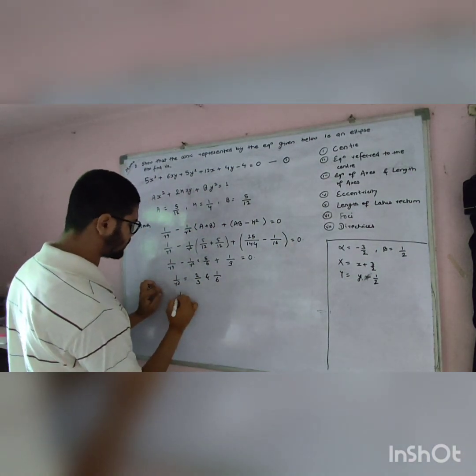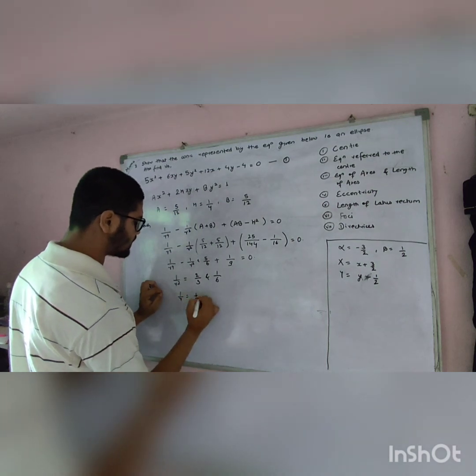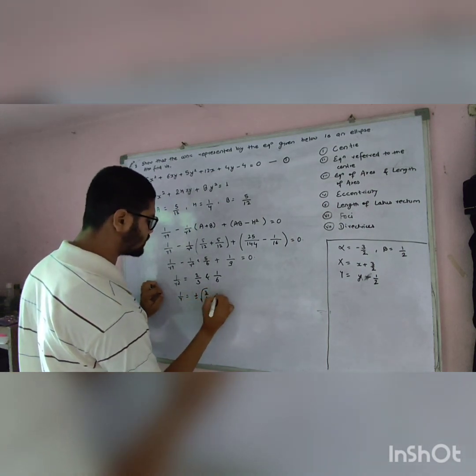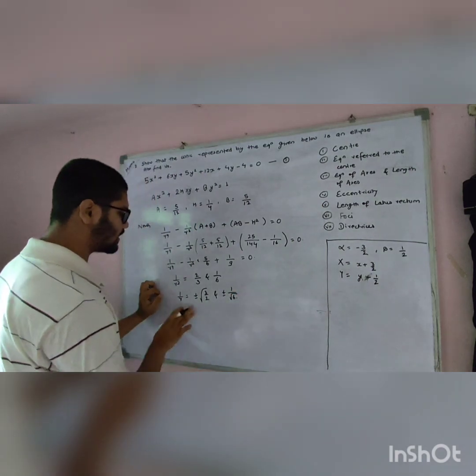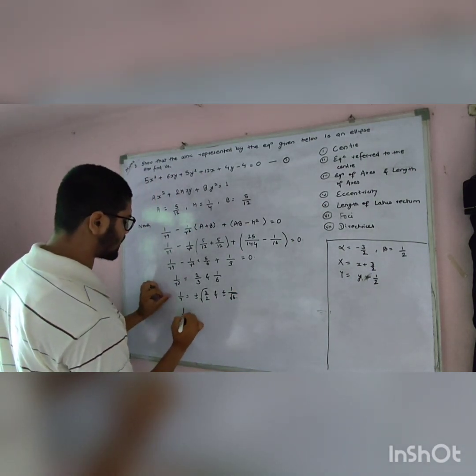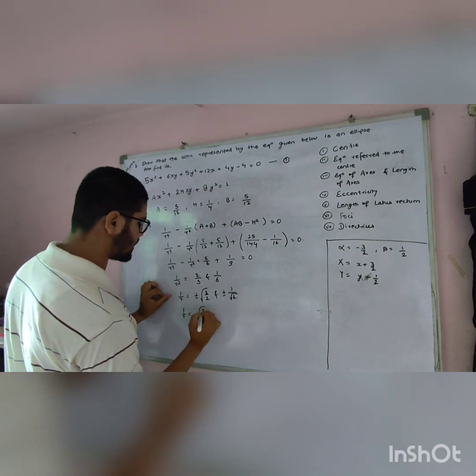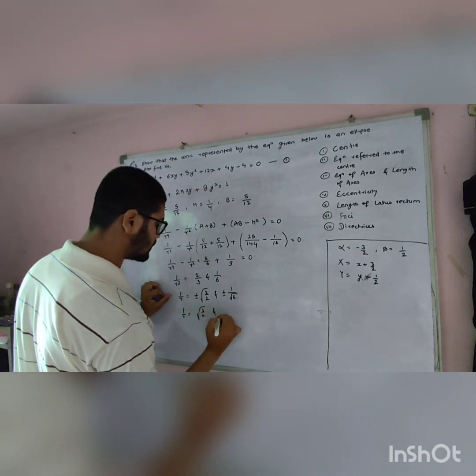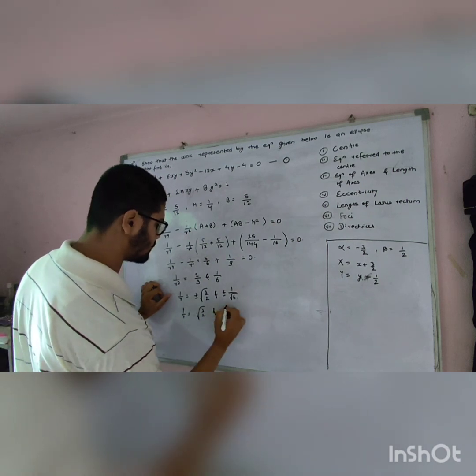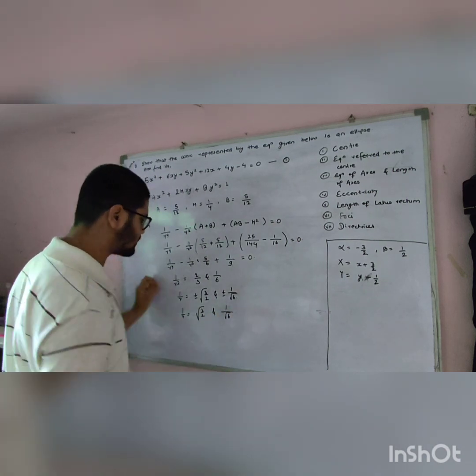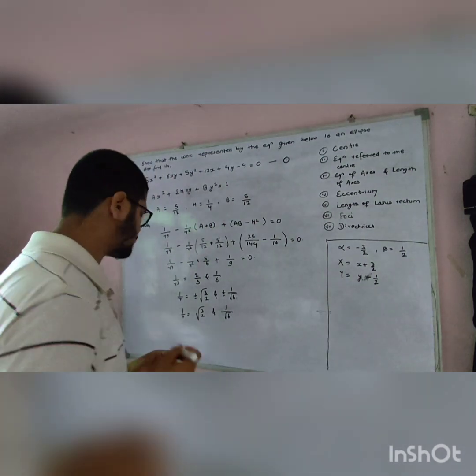Now the value of 1 by r will be plus minus root 3 by 2 and plus minus 1 by root 6. But ignoring the negative values, we'll get the value of 1 by r as root 3 by 2 and 1 by root 6. Let me check once.